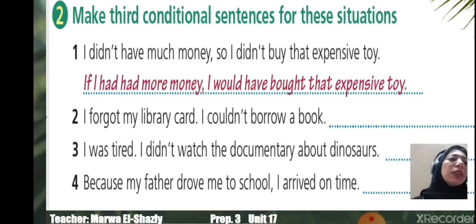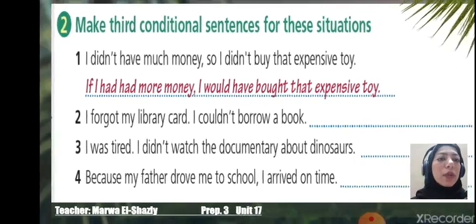So we should use, yes, the third conditional to express this situation. Let's read the answer. If I had had more money, I would have bought that expensive toy. Notice here that the verb to have is conjugated as had in the past perfect.